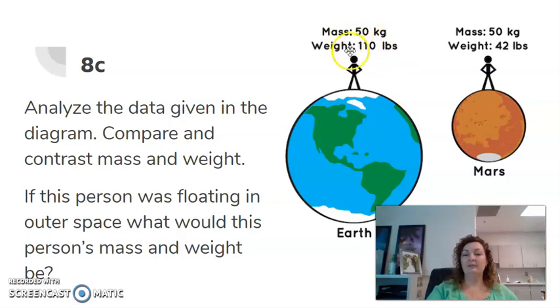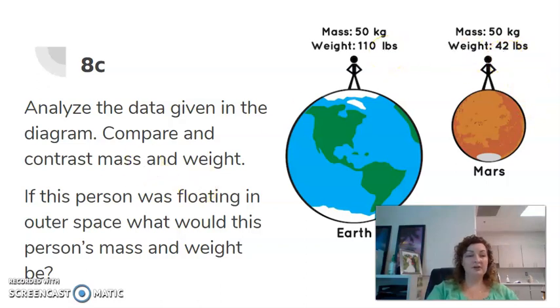So that's why that number is so large on Earth compared to Mars, where Mars has a smaller mass. When we do the mass times the gravitational pull of Mars, Mars isn't very massive. It doesn't have a whole lot of gravity compared to Earth, right? So when we multiply that, our number is going to be pretty small in comparison to what it was on Earth, okay?